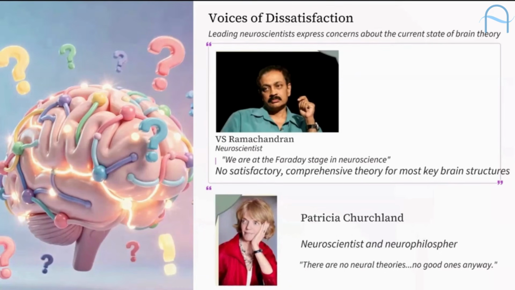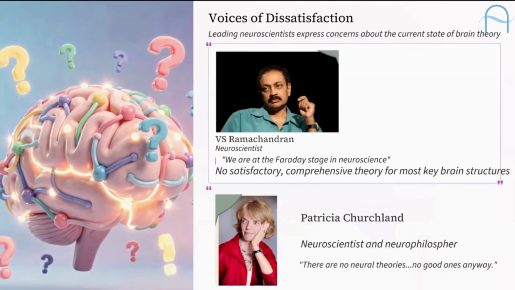There are several people in the neuroscience community who are talking about this issue. One person I can mention is V.S. Ramachandran, an Indian-origin neuroscientist. He worked at the University of California, San Diego, for most of his career, but he's retired now. He says that we are at the Faraday stage in neuroscience.